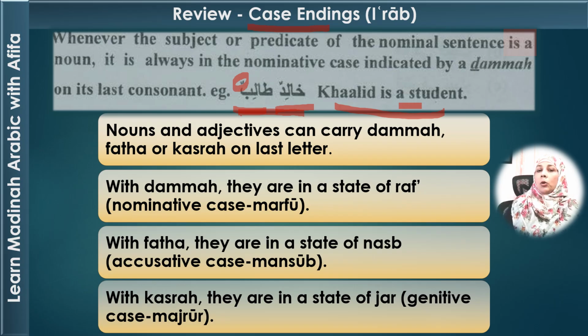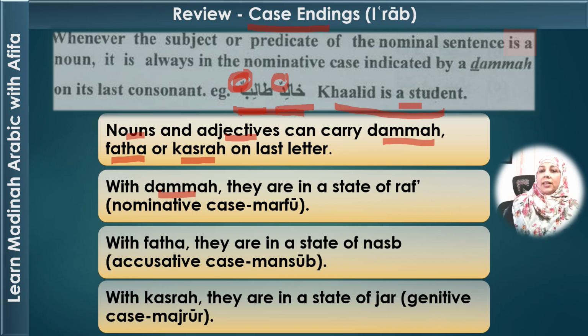And we also know that Khalidun is marfu'un with a dhamma ending, and talibun is marfu'un also with a tanween dhamma ending. Okay, and we also studied that nouns and adjectives can carry dhamma, fatha or kasra on the last letter.